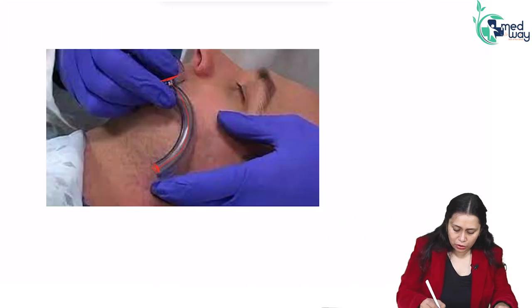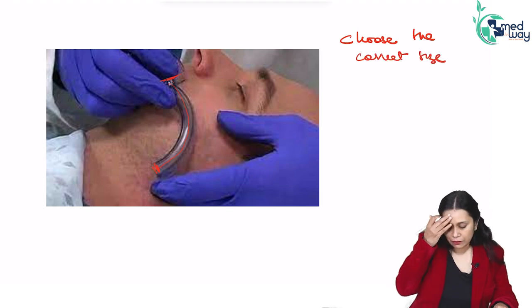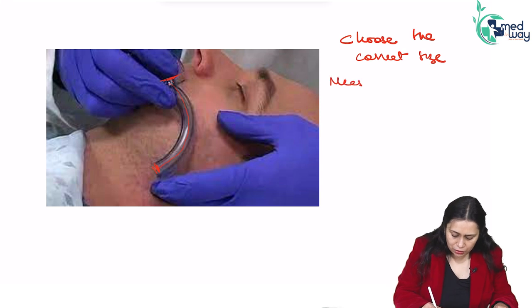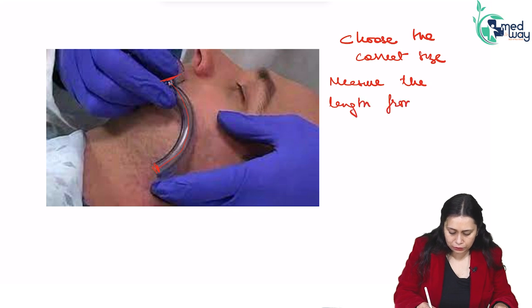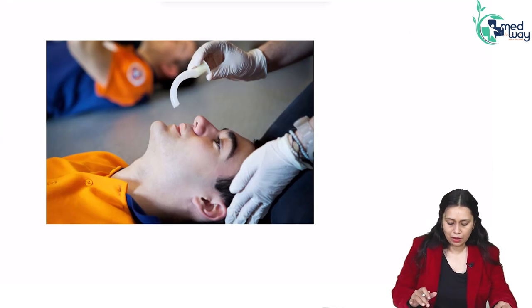So first, we choose the correct size by simply measuring the length from angle of mouth to angle of mandible. Once the correct size is chosen, how do we insert it?